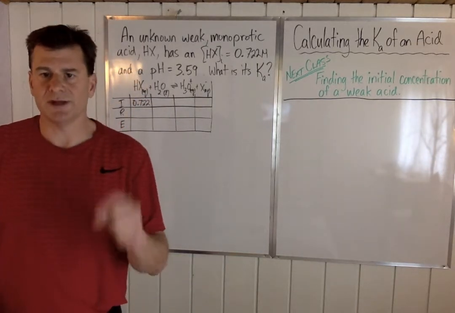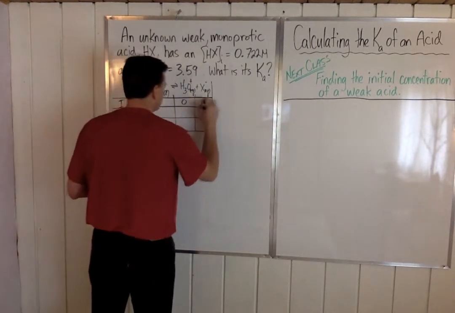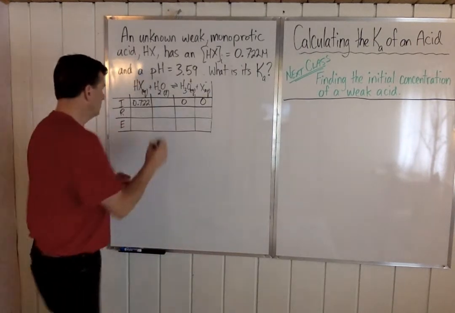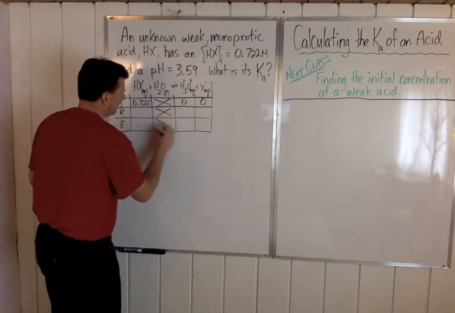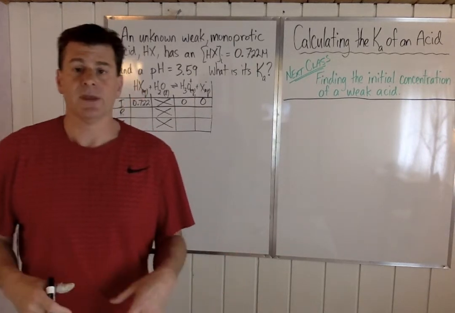We also know the initial concentration of the hydronium and the X minus. I'm going to cross out water because water is a liquid, and liquids don't change concentration, so I'm not going to put that one in.